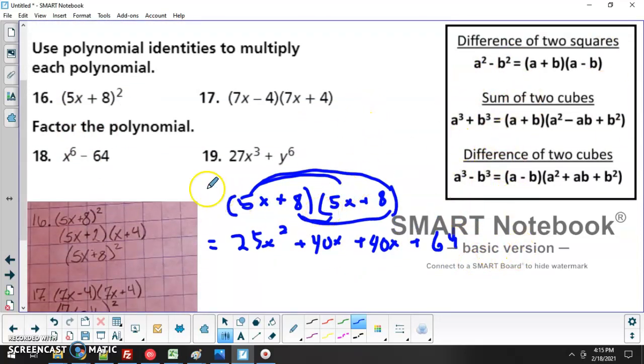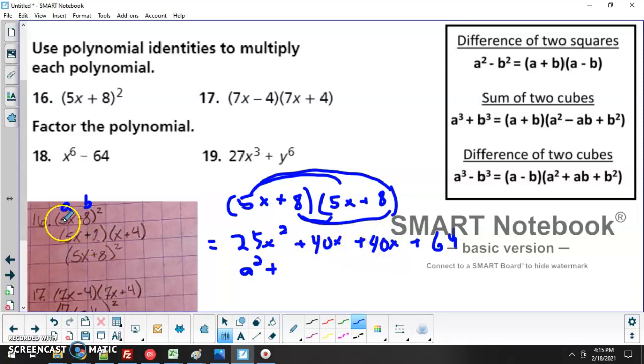Okay, and that is when you have a binomial squared, you could just do, say if 5x was A and 8 was B, you could do A squared plus 2AB, because it is actually doubled here. Okay, you see you got 40x and 40x.